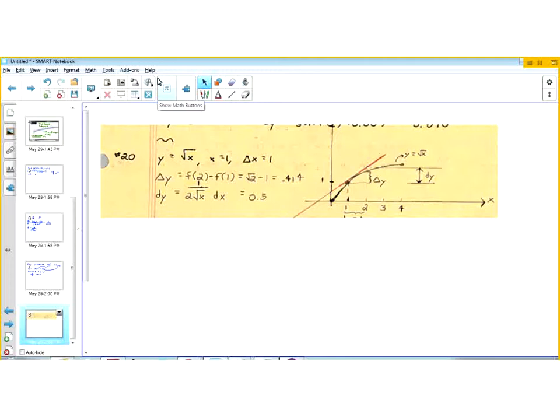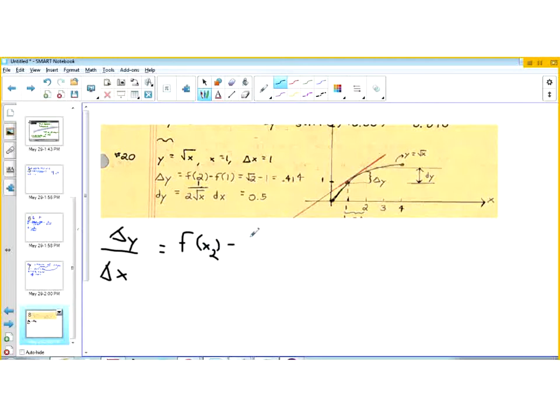Now, remember that delta y over delta x is the slope of the secant line, and that is equal to this formula, f of x sub 2 minus f of x sub 1 over x sub 2 minus x sub 1. Recall that's the definition of the slope of the secant line.